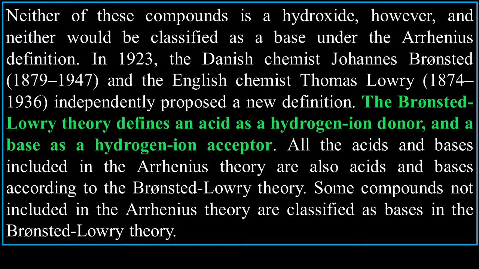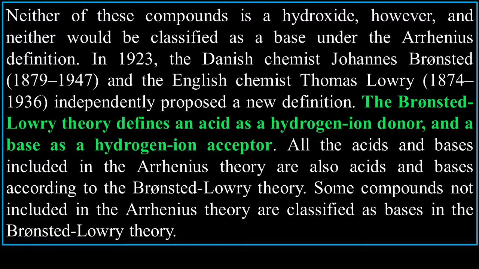In 1923, the Dutch chemist Johann Bronsted and the English chemist Thomas Lowry independently proposed a new definition. The Bronsted-Lowry definition, or theory, defines an acid as a hydrogen ion donor and a base as a hydrogen ion acceptor.